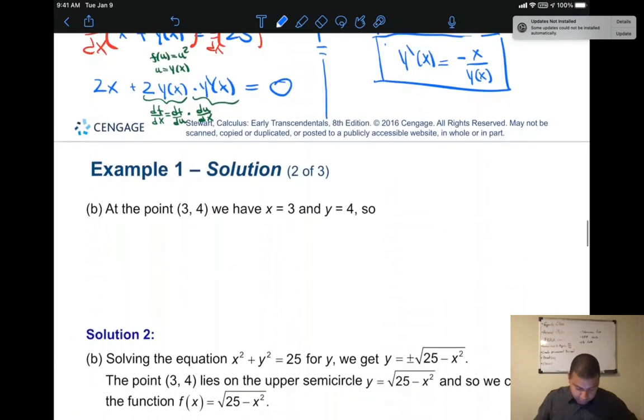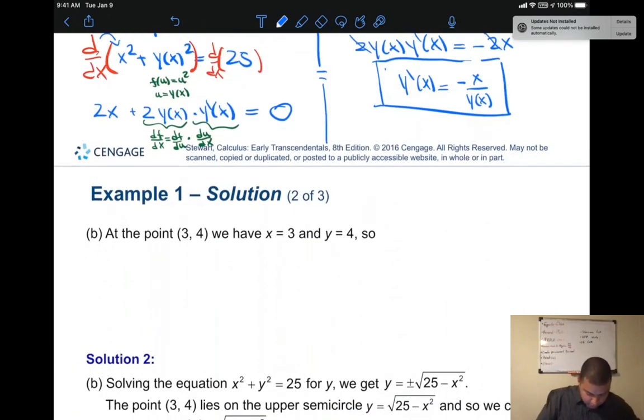If I start working on it, I'll see y prime of x, split in two parts again. y prime of x is equal to minus x over y. I'm actually looking for x equals 3, right?